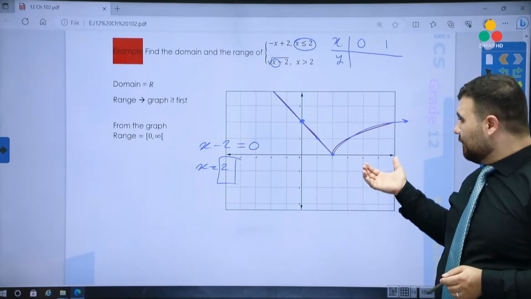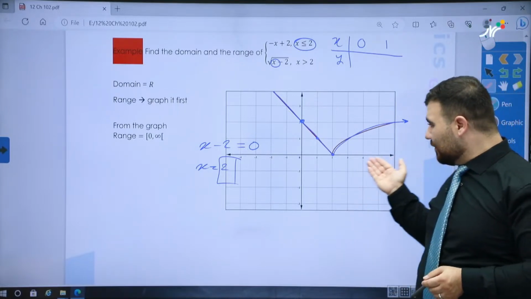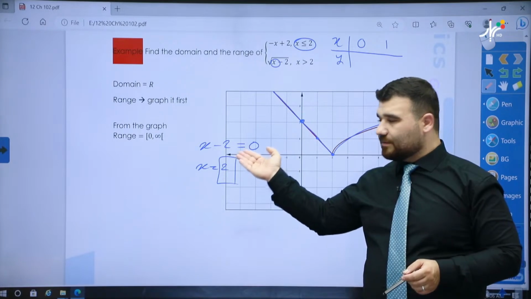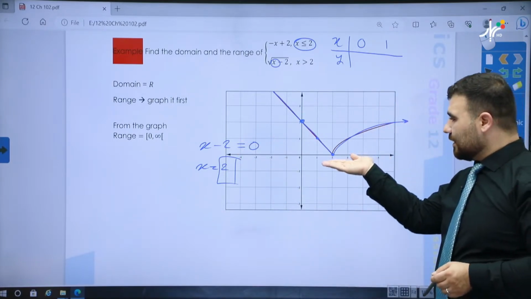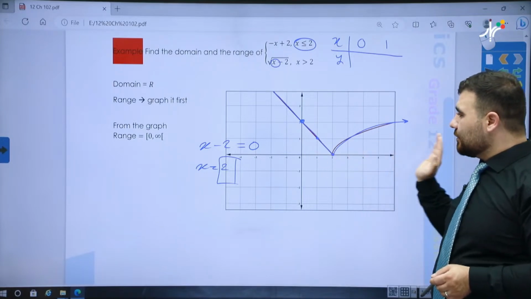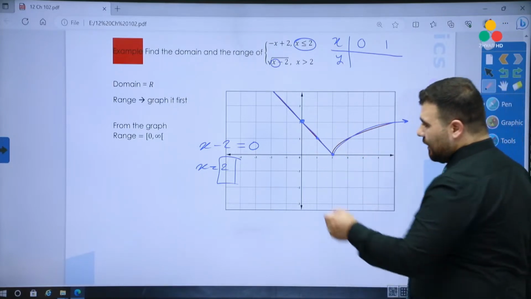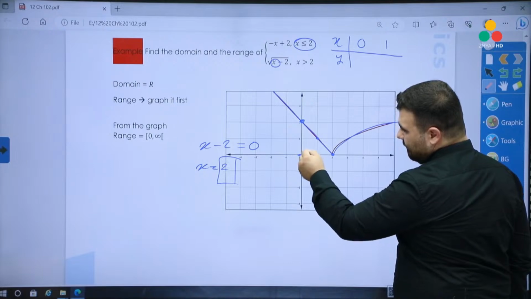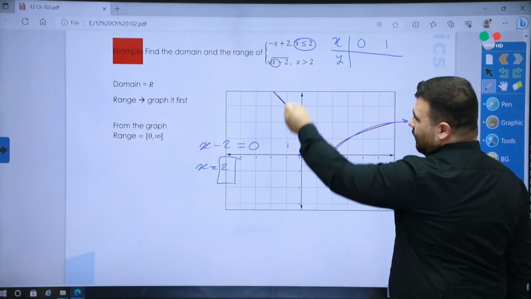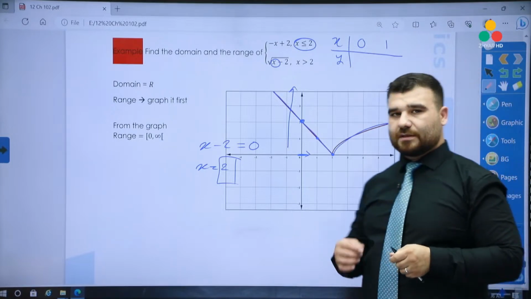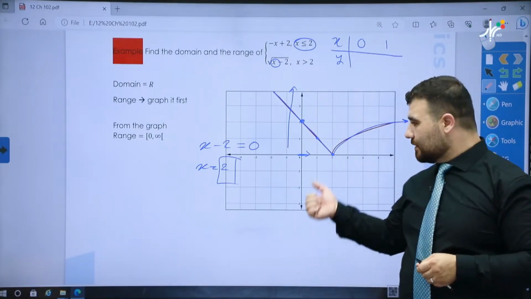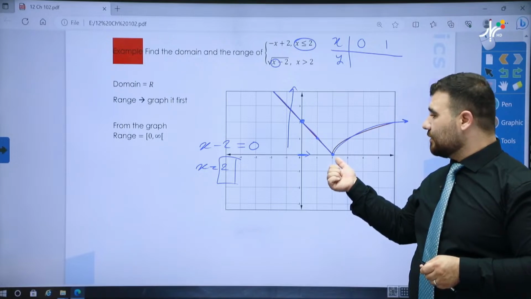Now, if we look at this, it's clear that the domain is every x-axis, meaning all real numbers. The range starts from 0. For the range, we look at the y-axis. On the y-axis, the graph starts here, which is 0, and it goes all the way to positive infinity. Then the range is [0, infinity). The 0 is in because we can see 0.